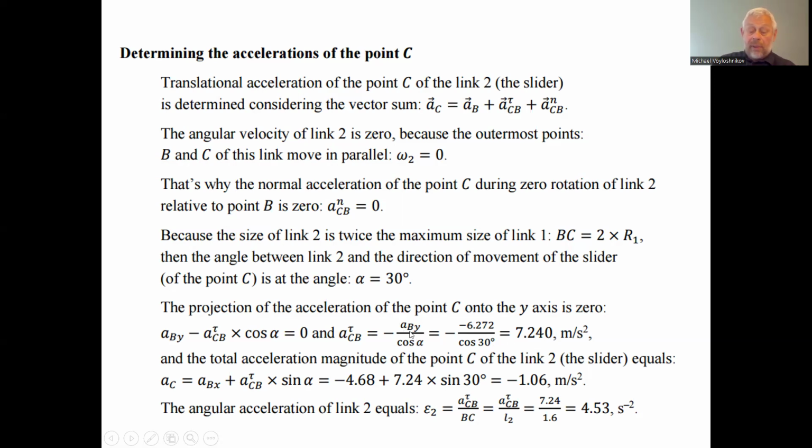Then we have 7.24 meters per square second.